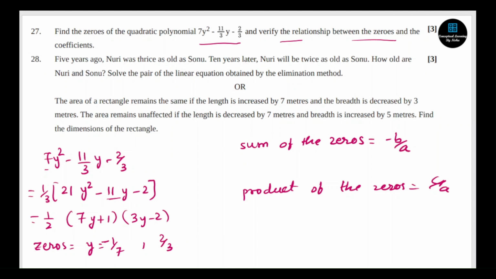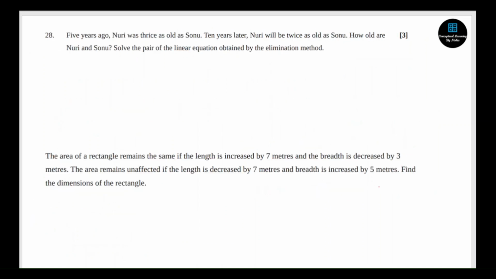Now let's solve question number 28. You have to solve any one of them, but I am showing you both of them. So now what they are saying, 5 years ago, the age of Noori. We have to find how old Noori and Sonu are. So we have the age 5 years ago, 10 years later and present ages, right? So I'll just say Noori and Sonu.